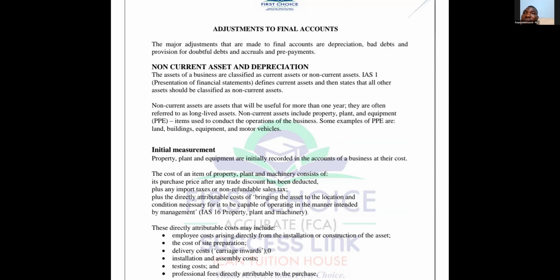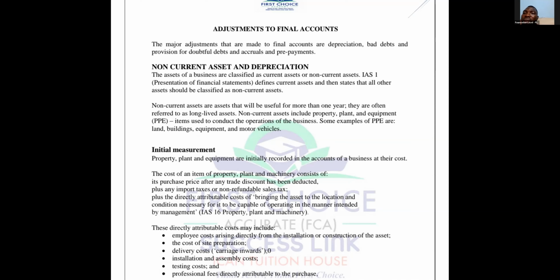So far as you are part of those that carry out the transaction, and you can measure it, and at the same time it fulfills the definition of the element of financial statement, then you can go ahead and record that transaction in your financial statement.